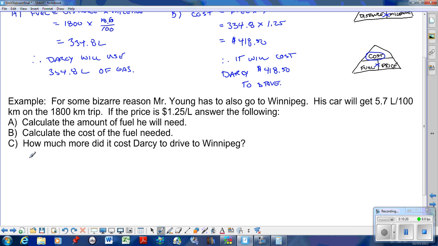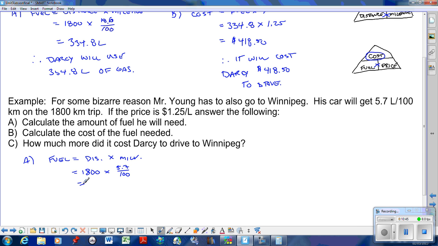So for A, calculate the amount of fuel he'll need. So fuel is equal to our distance multiplied by mileage. So that would be 1800 kilometers multiplied by, this time, 5.7 over 100.